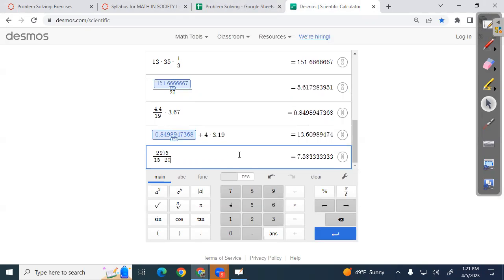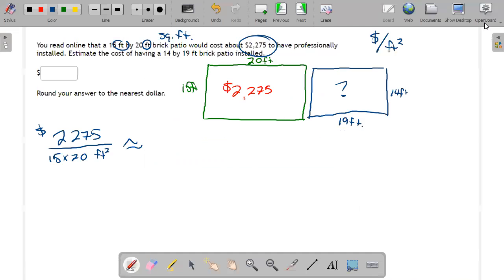And I'm getting about $7.58 roughly per square foot on my version.